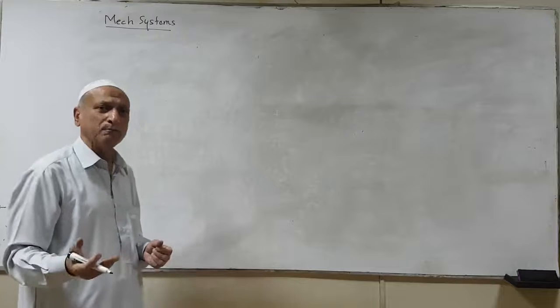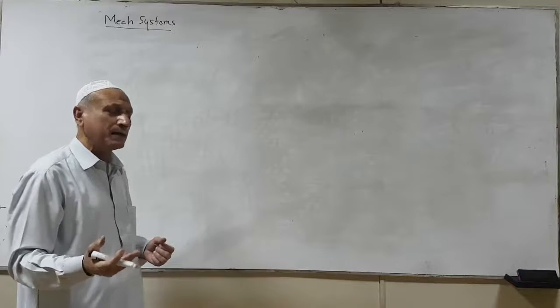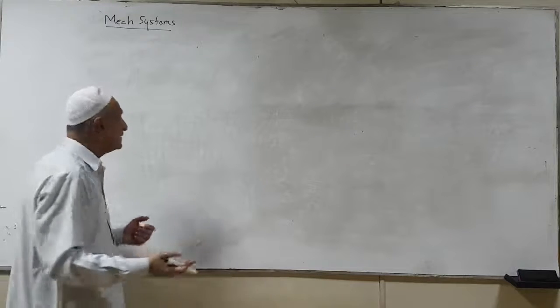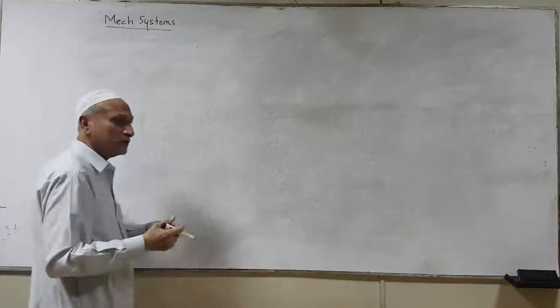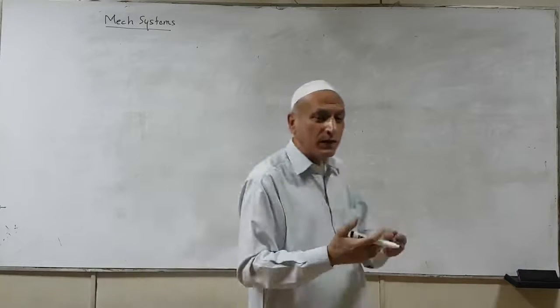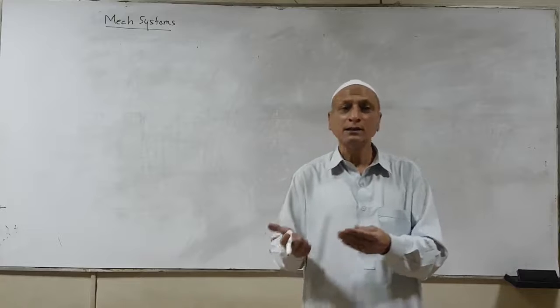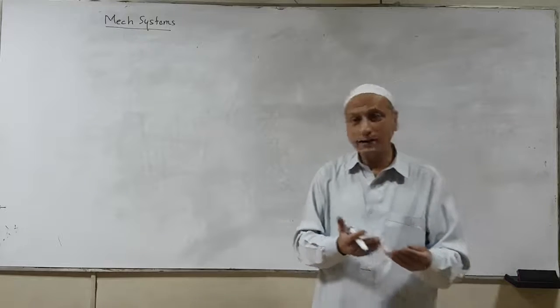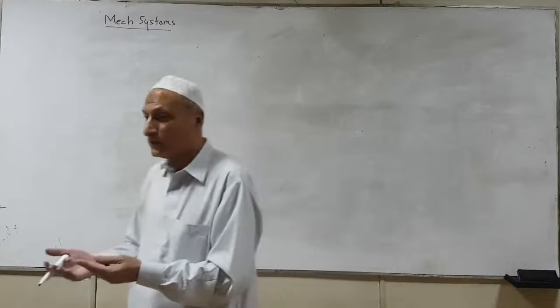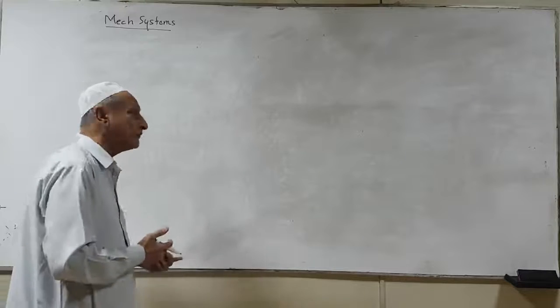Now let's start with a simple element in the electrical world, that is a motor. A motor is a device which is used to convert electrical energy into mechanical energy. So it's basically a transducer because it's converting one form of energy to another form of energy.